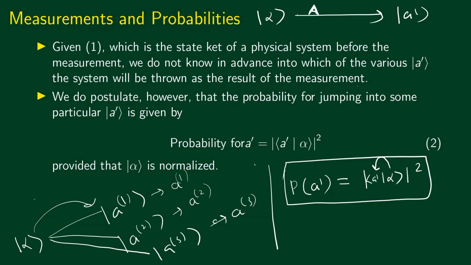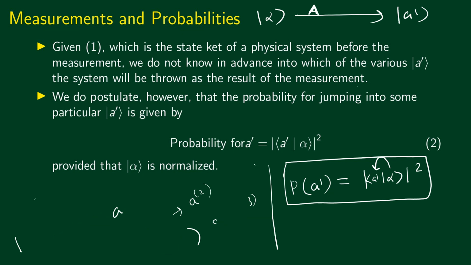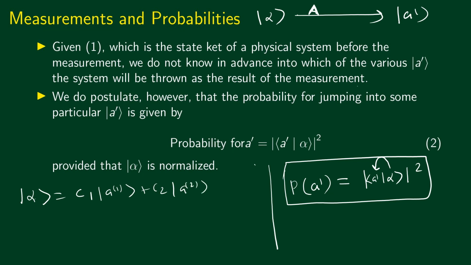Let me elaborate a little bit on this because this is very important. Let's try to make things clearer. Let's say that ket alpha is in this particular superposition: C1 ket A1 plus C2 ket A2 plus C3 ket A3, etc. There could be other things.